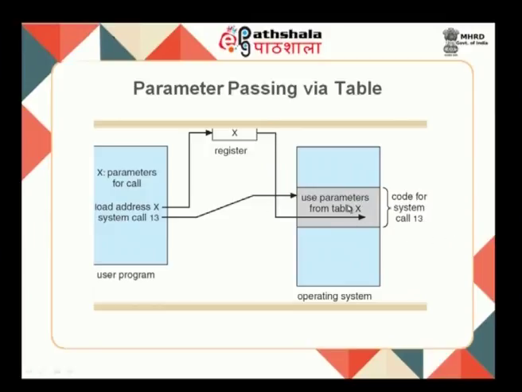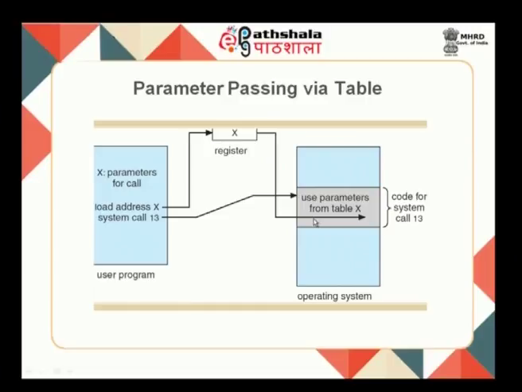When you call this, it takes the address from the register, understands that the parameters are present in address x, uses them, and then finishes its work. So, this is how you can pass parameters to system calls.